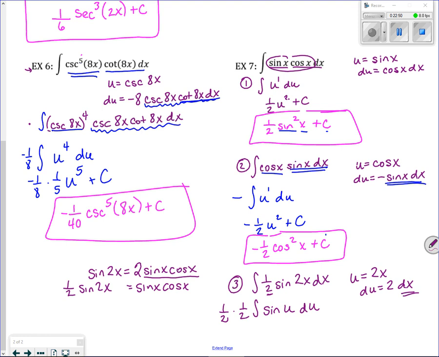What's the integral of sine? The integral of sine is negative cosine, so I'd have negative 1/4 cosine of u plus c, so my final answer would look like negative 1/4 cosine of 2x plus c, and that's a correct answer.